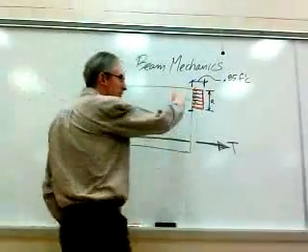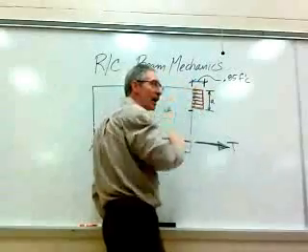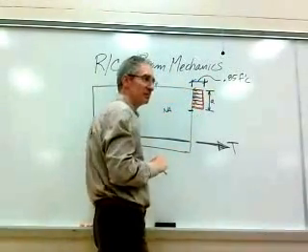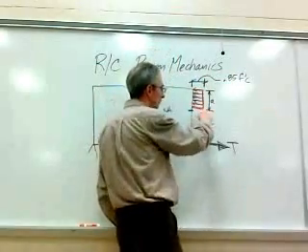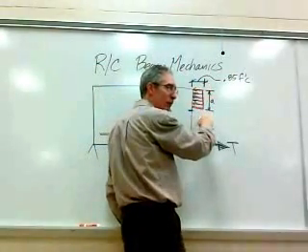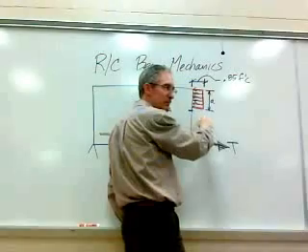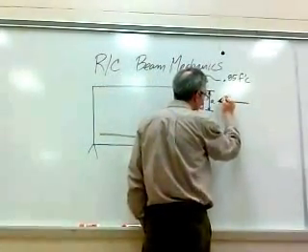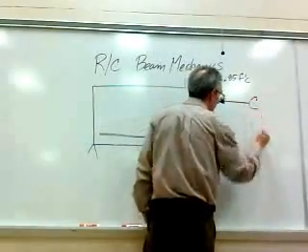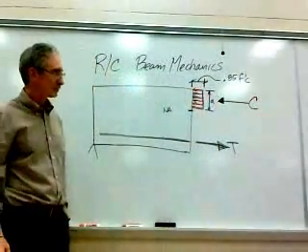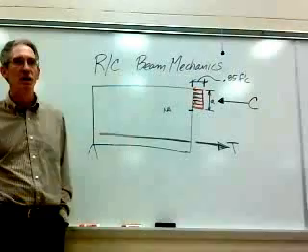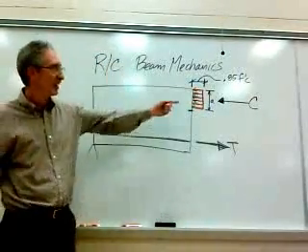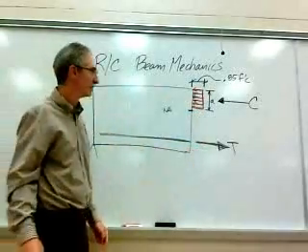So, if this is my compression block, where would the resultant compression force act? It's rectangular. Where do I put the resultant of a rectangle? The center of the rectangle, right? So, remember back in the general beam mechanics, we had this T force and C force. Hey, I got the T and C force again.